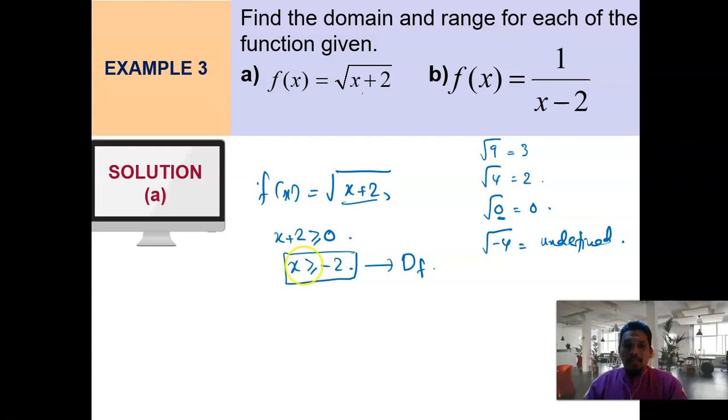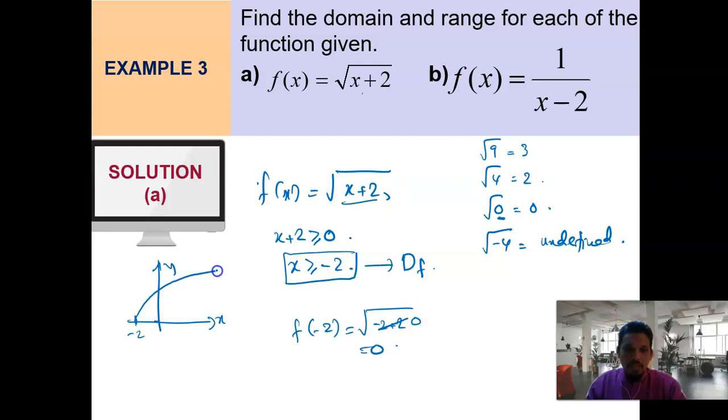And then the graph of this: when x equals negative 2, negative 2 plus 2 equals 0, square root of 0 equals 0. So f(negative 2) equals square root of negative 2 plus 2 equals 0. Here x is negative 2 and y equals 0.